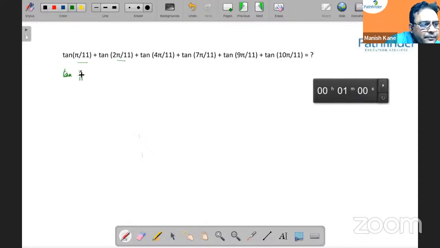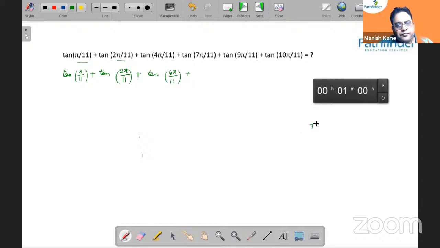I'll write this as tan pi by 11 plus tan 2 pi by 11 plus tan 4 pi by 11. Now remember, 7 pi by 11 is nothing but pi minus 4 pi by 11. So I can write this as tan of pi minus 4 pi by 11.